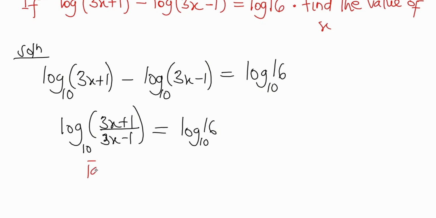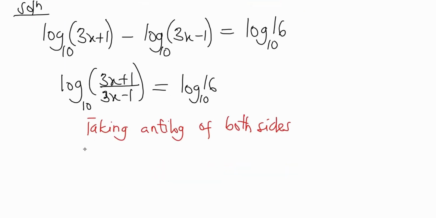So taking antilog of both sides, we are going to have our solution as 3x plus 1 divided by 3x minus 1 equal to 16.